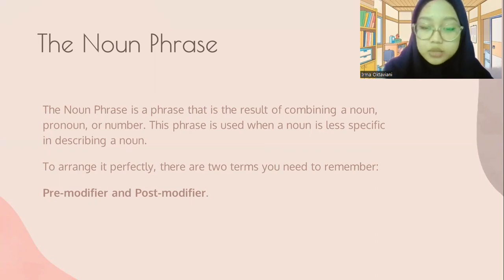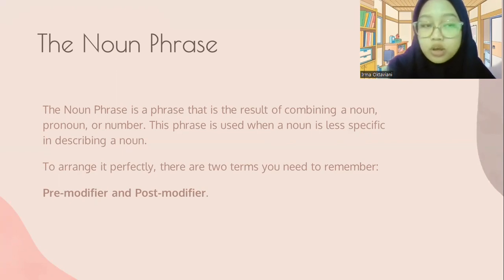So, a noun phrase is a combination of two or more words to describe the noun.